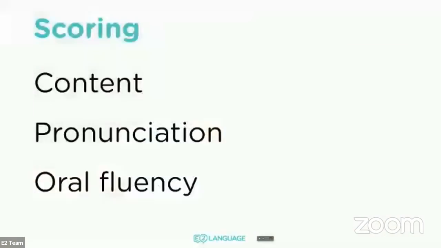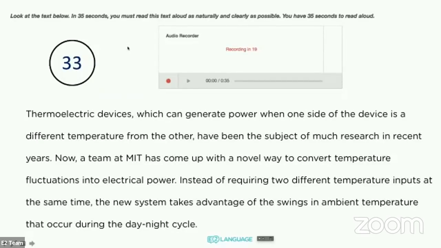If you're saying particular sounds in your first language as they would be said, but not in English, you will be penalized. For example, v and w is a big difference. P and b is a big difference. And you're also scored on oral fluency. That is the rate at which you speak, if you speak without hesitation, without umming and ahhing, etc. Here we go. You have 35 seconds to read through this.